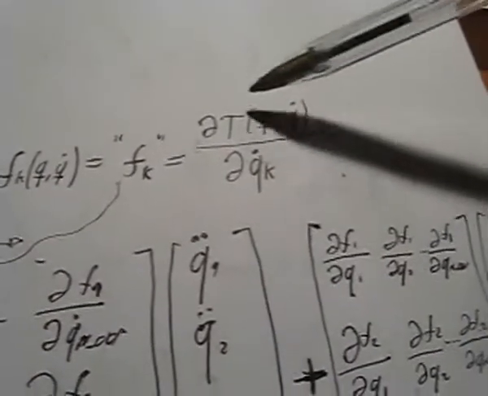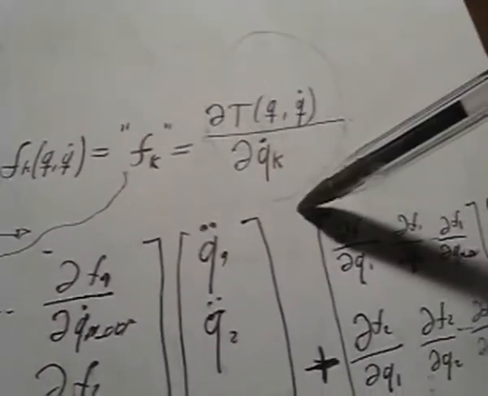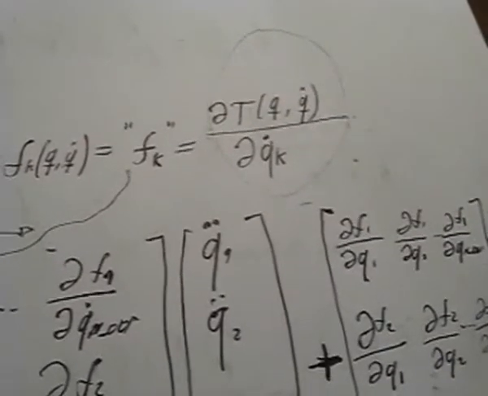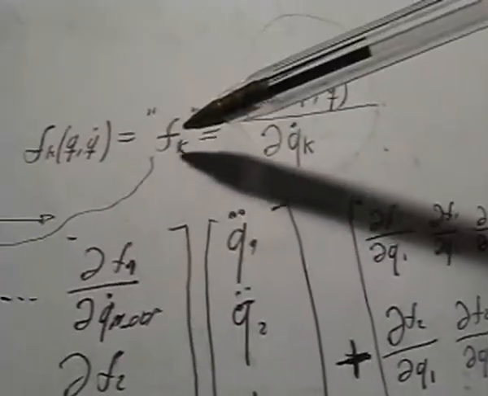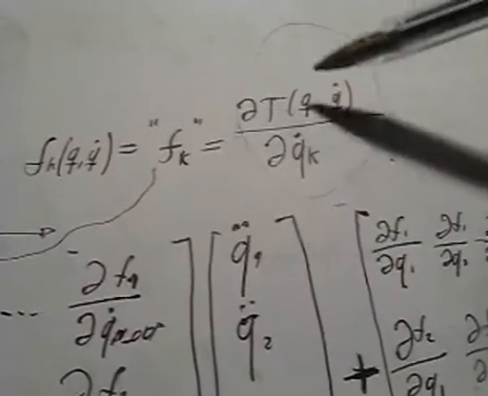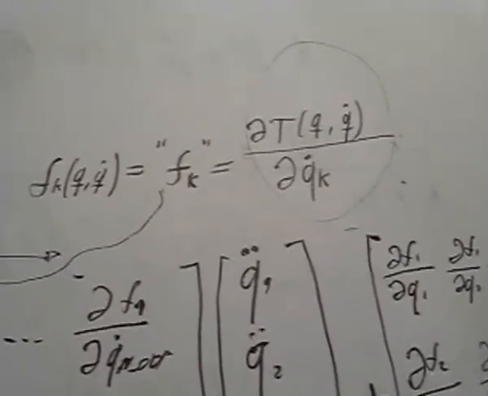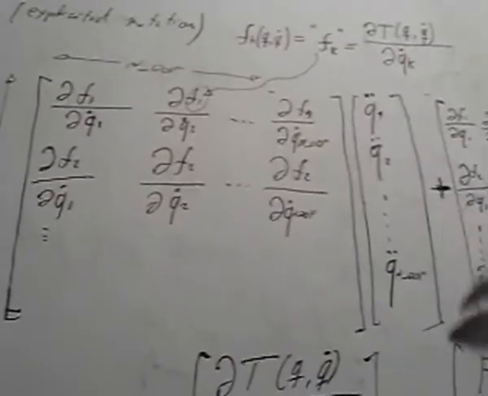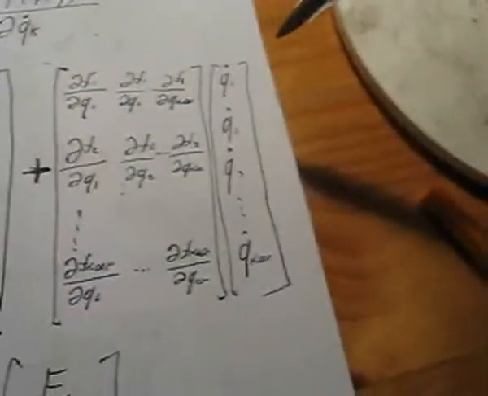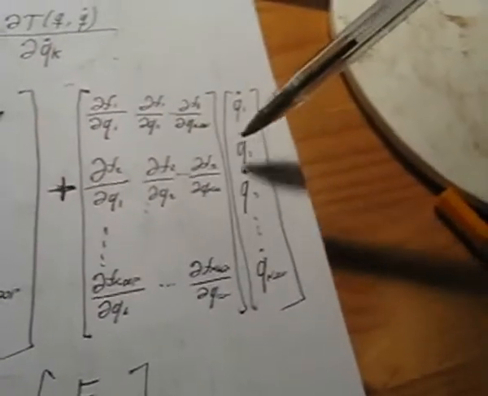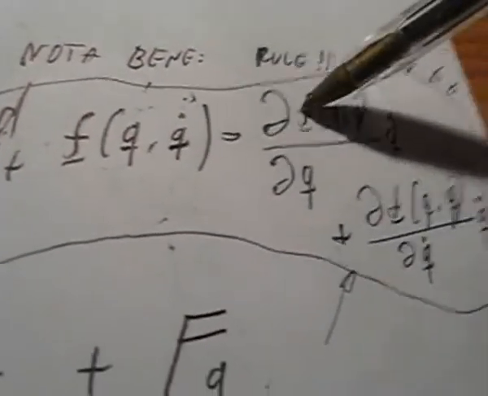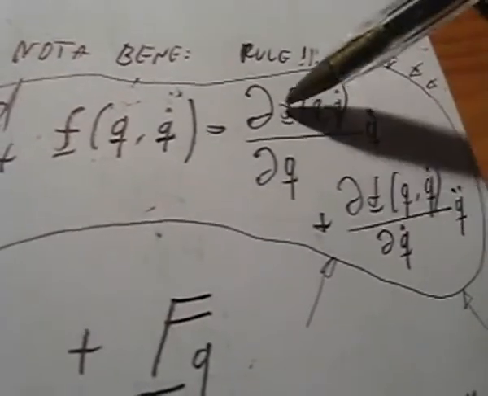We replace this ugly expression, we perform this derivative for each of them, we call it f k, so understand the substitution. And of course we write down this thing. The d/dt becomes this because this has become a vector.